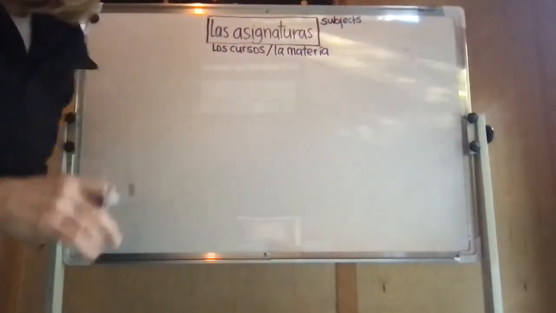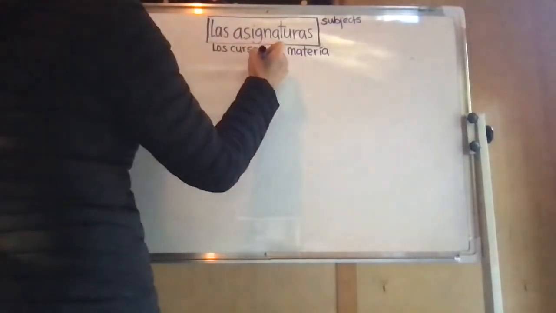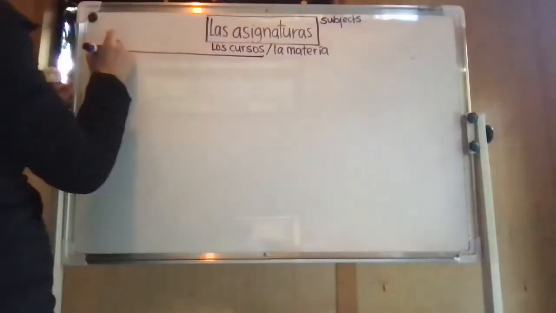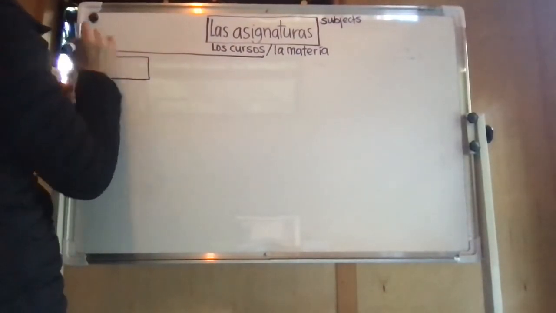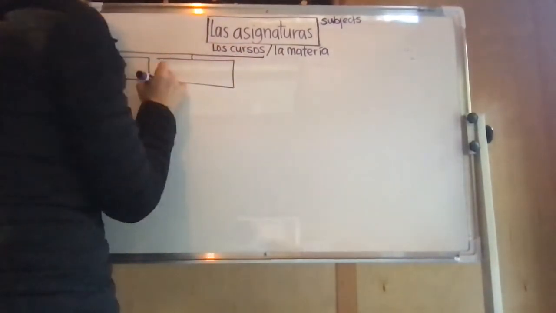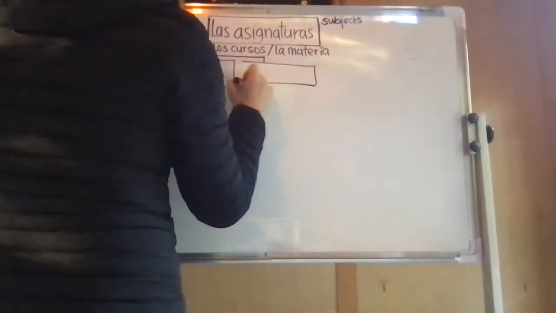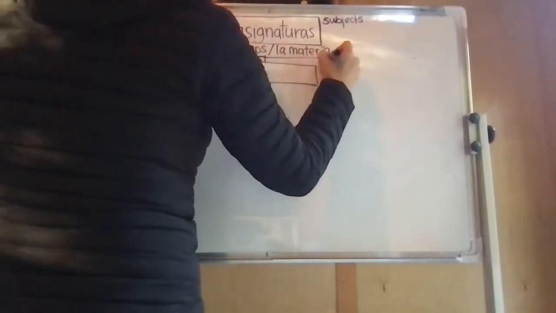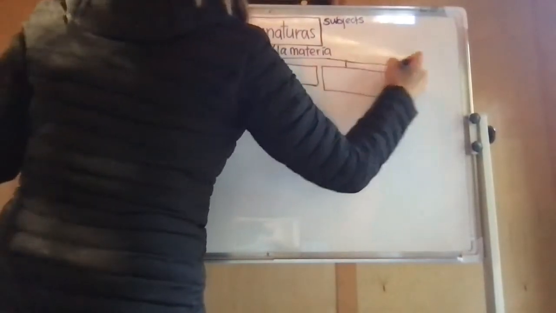So I'm going to divide this tree map into 5 categorías, each with a caja. A caja is a box. Una caja, one box, dos cajas, tres cajas, cuatro cajas, and 5 cajas.